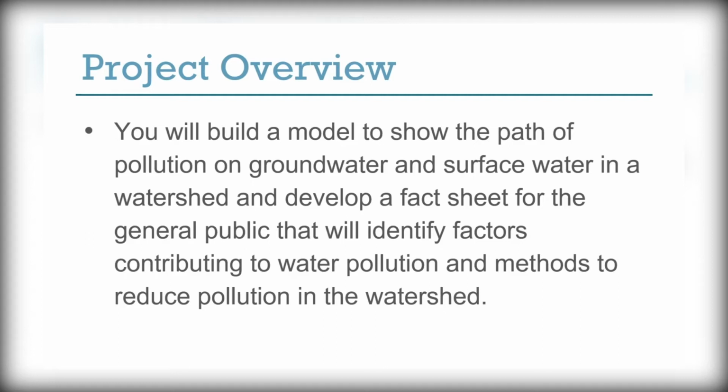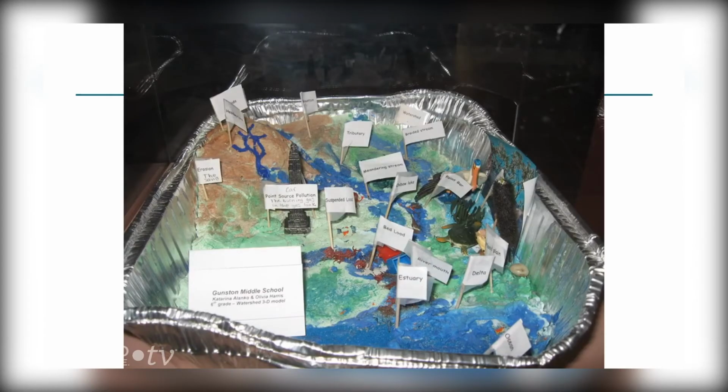Just know that your model can be built from any recyclable materials you have around your home. Here is an example of what your project could look like. It has a title card, it has parts labeled, it's also showing the path of pollution.